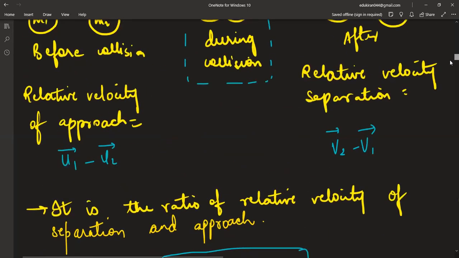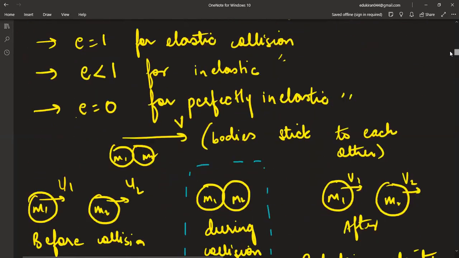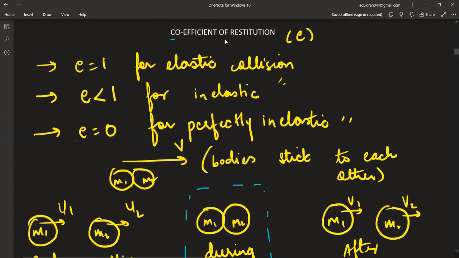It is denoted by the symbol e. When you put in the actual values, and through experiment also, it was concluded that the value of coefficient of restitution for elastic bodies will be 1. For inelastic, it will be less than 1. And for perfectly inelastic, it will be 0.